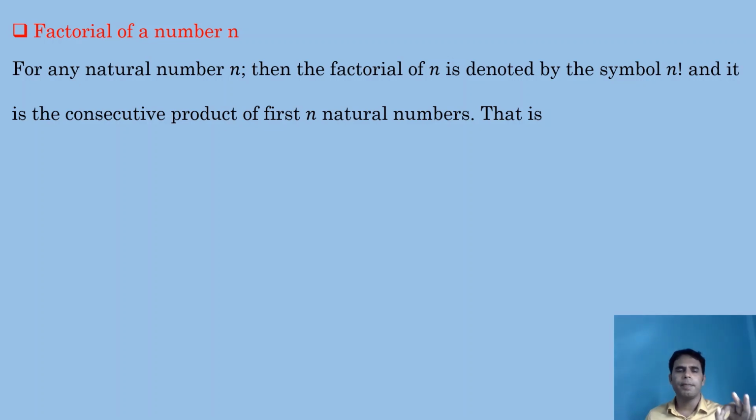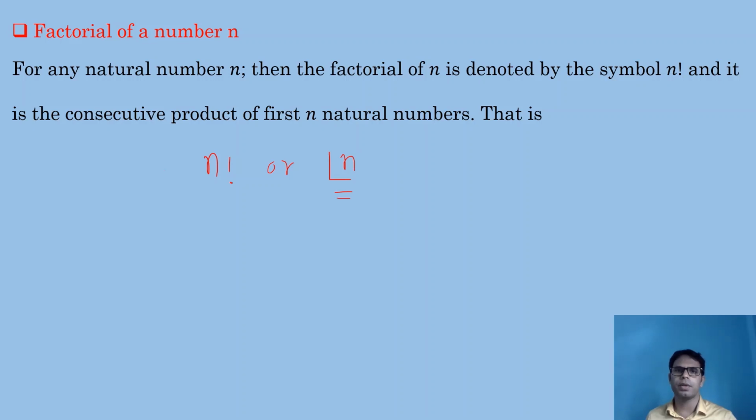For any natural number n, the factorial of n is denoted by the symbol. This is the symbol of factorial. The factorial you may write in this way, or there is another symbol you may also write in this way.